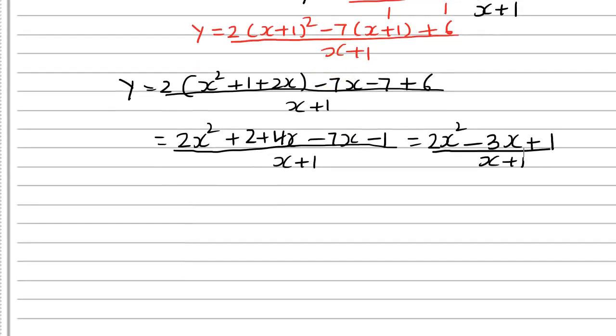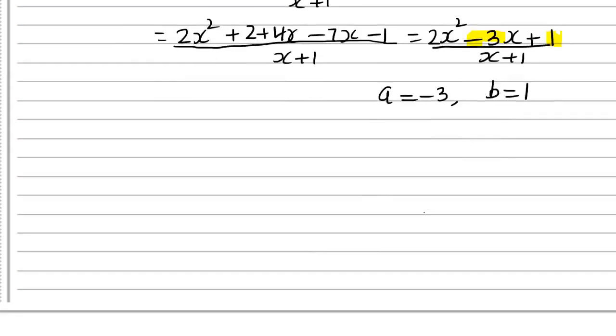So a will be minus 3 here, and b will be 1. So a is minus 3 and b is 1. That's your answer. Let's go for another question.